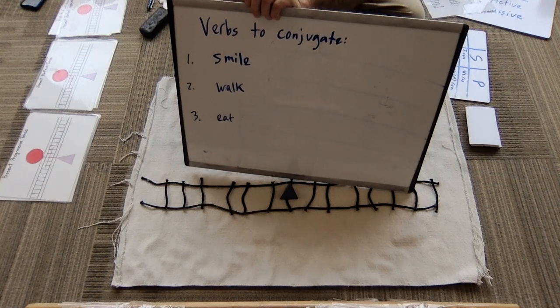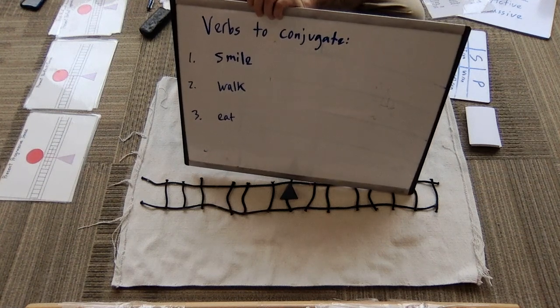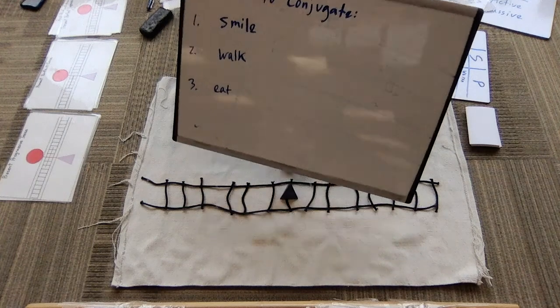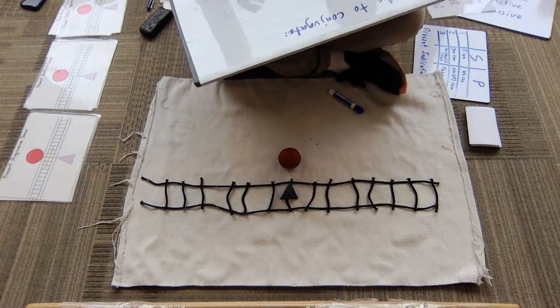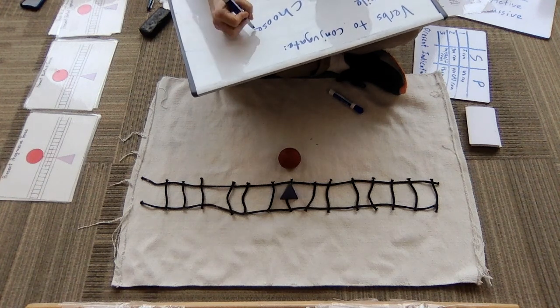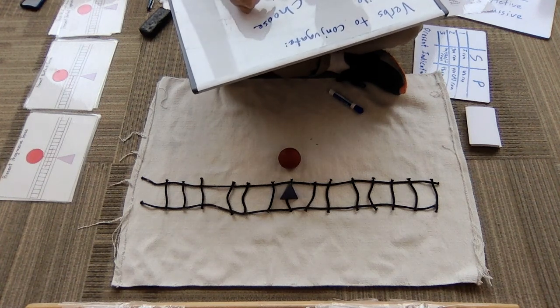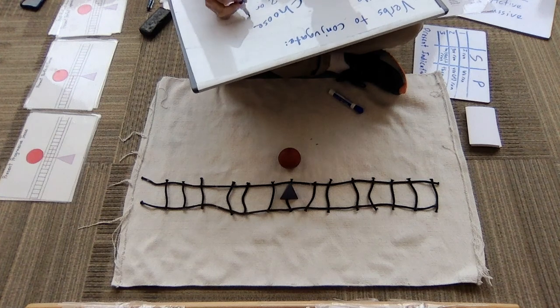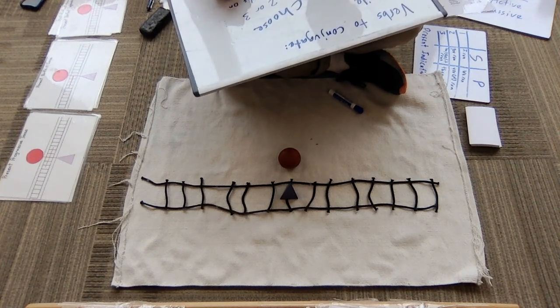So for each one, you're going to have 3 little charts, and I'll go through another example to show you. And then over here, choose, 3 might be too many for some of you. Let's say choose 2 or 3 verbs on your own.